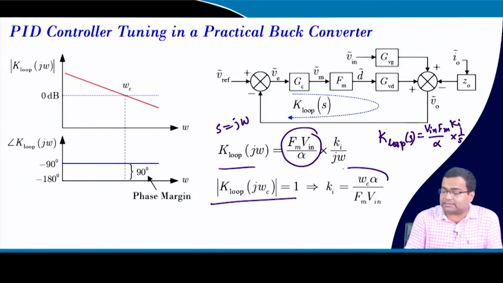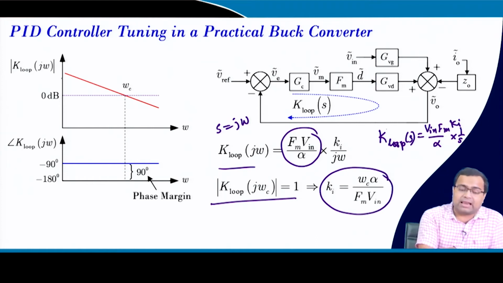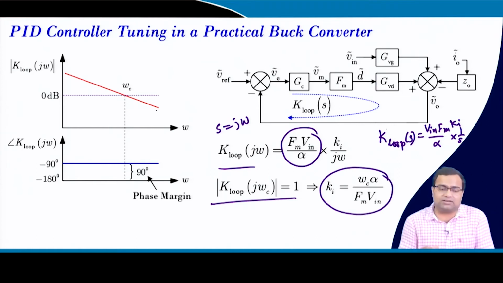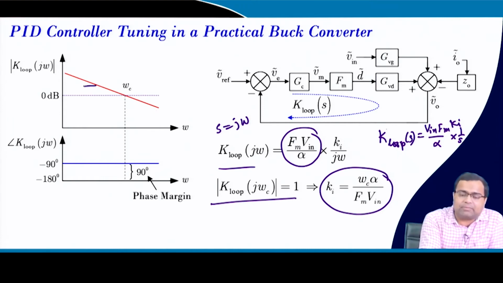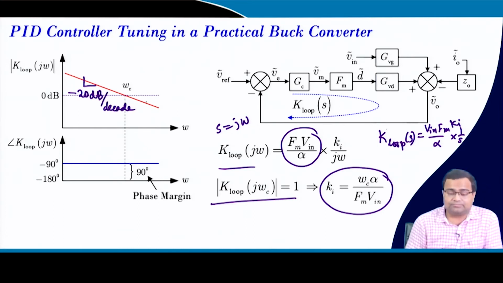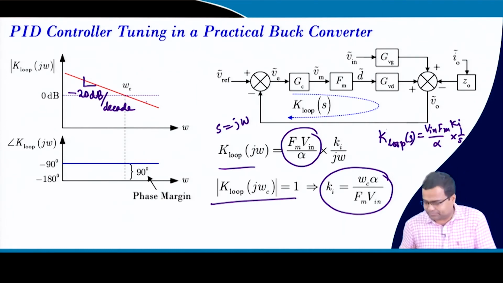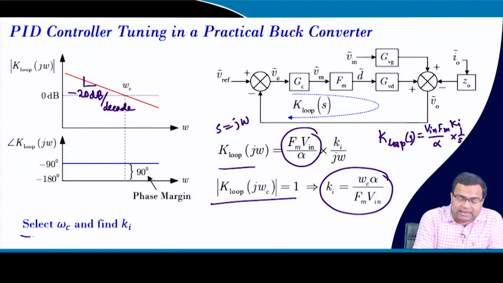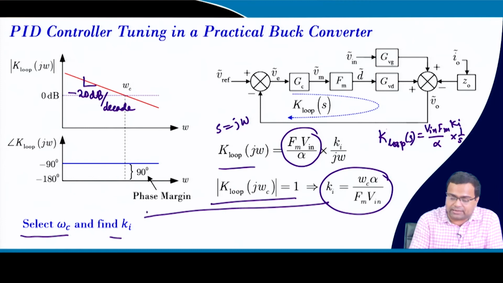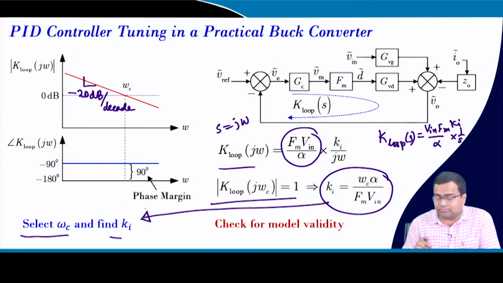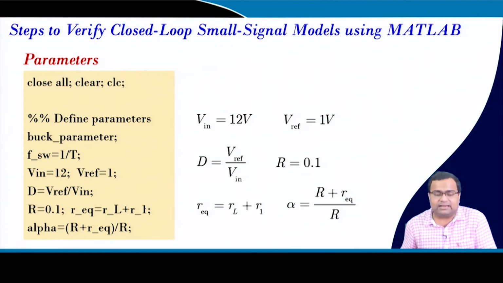So from here we can set Ki equal to this value, and again the loop transfer function will be first order, just like a pure integrator. It will have minus 20 dB per decade, and the phase margin is 90 degrees. So if we select the gain crossover frequency, then we can find Ki using this formula, and then we need to check for model validity.